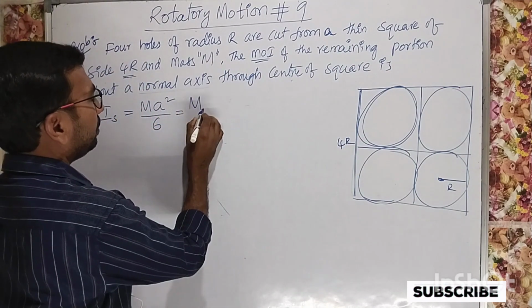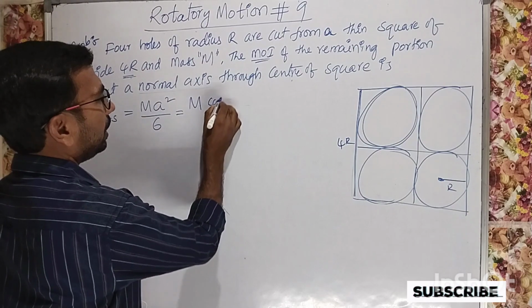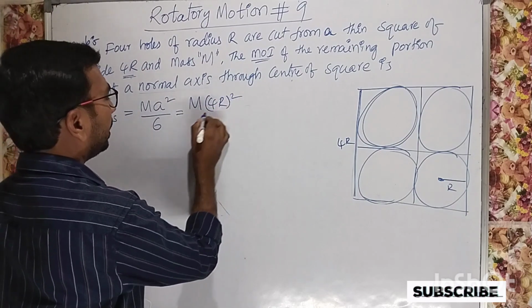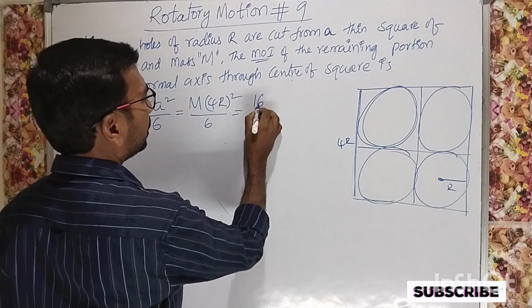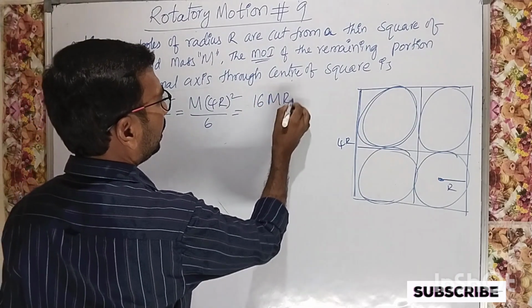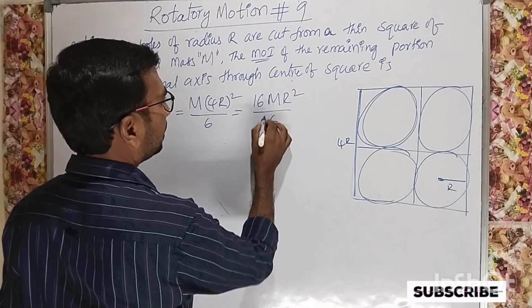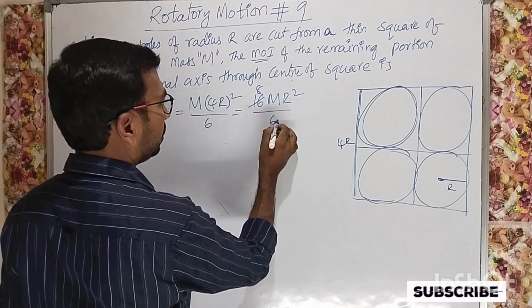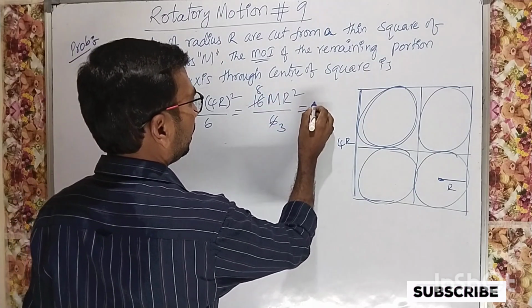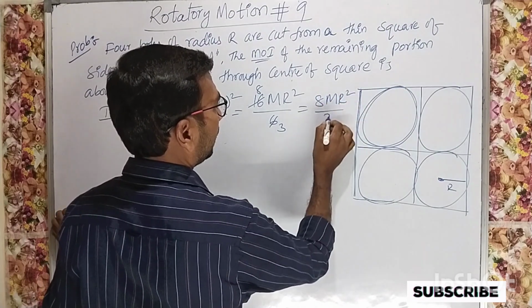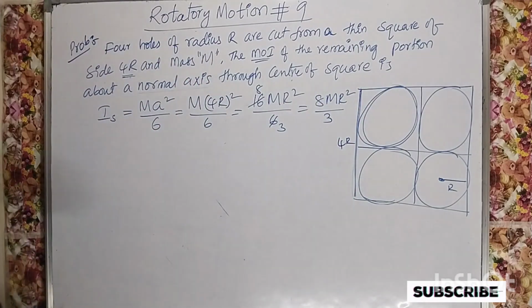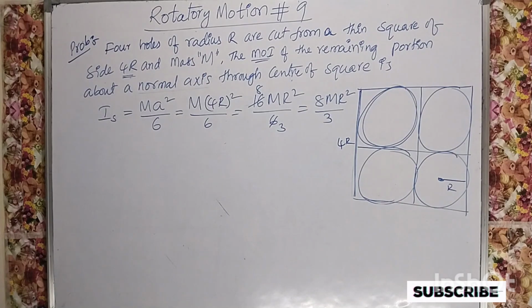So capital M times 4R whole square by 6. So 4R square means 16 M R square by 6. 2 eights, 2 threes. So here 8 M R square by 3. So this is the moment of inertia of the square plate.